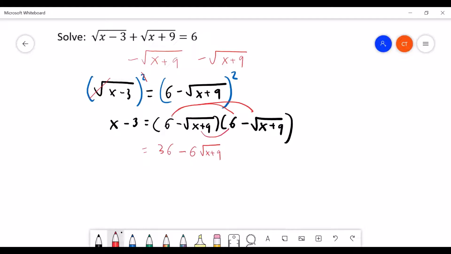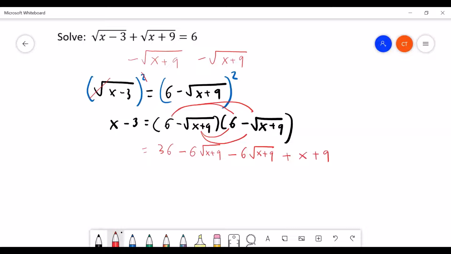Multiply the inner terms. A negative times a positive is a negative. It's going to be another negative square root of x plus 9. Take the last terms and multiply them, and you will get a positive, because a negative times a negative is a positive, x plus 9.